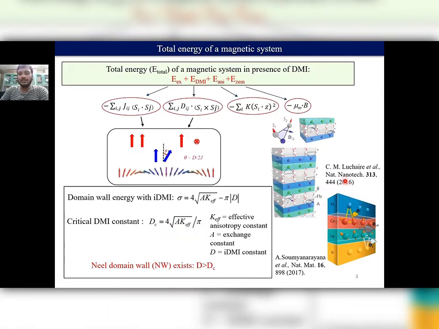In 2016, Luchaire et al. first showed that by taking two different kinds of heavy metal, one can get an additive DMI in a multilayer system, which is very useful to stabilize skyrmions. The next year, in 2017, Anjan Soumyanarayanan showed that taking two different kinds of heavy metal is very useful to get more tunability of the interfacial DMI in the system.